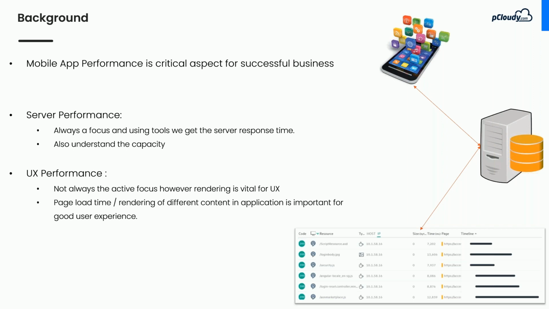In that case, there is an intention from the user to switch to a competitor retailer. So even if the capability of the server is perfect, is the user experience also seamless? That becomes the key priority for application performance as well.